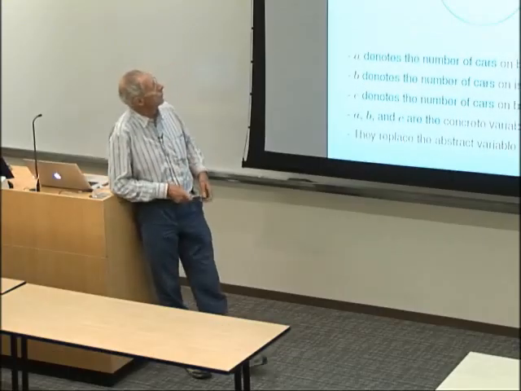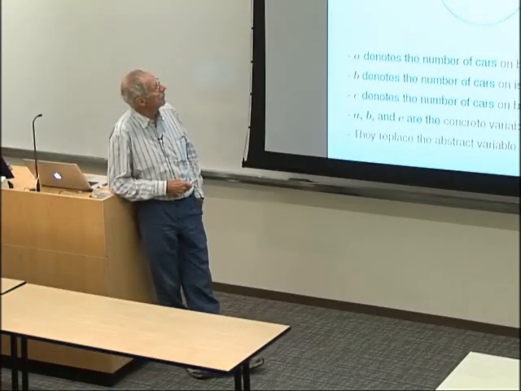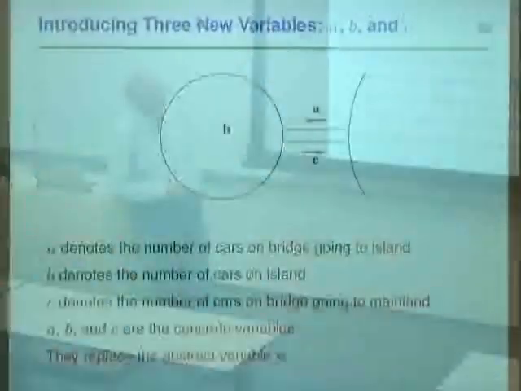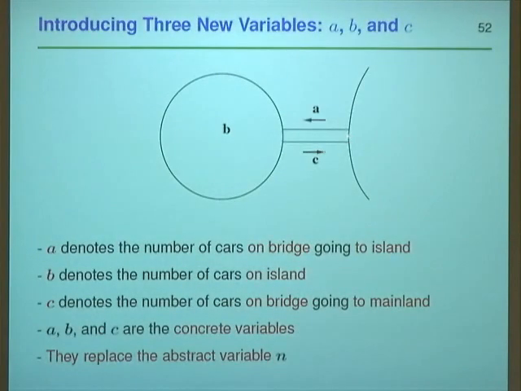Now we are going to introduce a new state. We introduce three values, A, B, and C. A is the number of cars on the bridge going from the mainland to the island. B is the number of cars on the island, and C the number of cars on the bridge going from the island to the mainland.